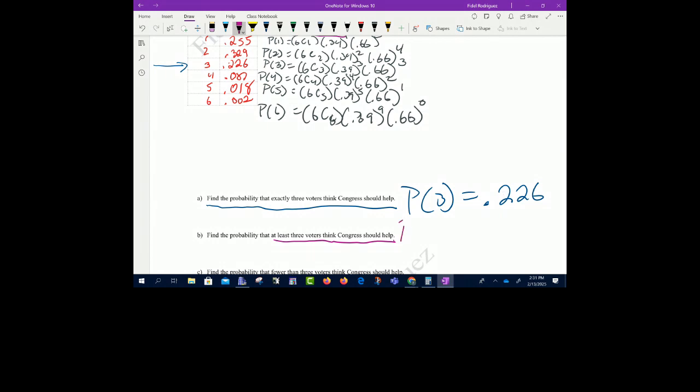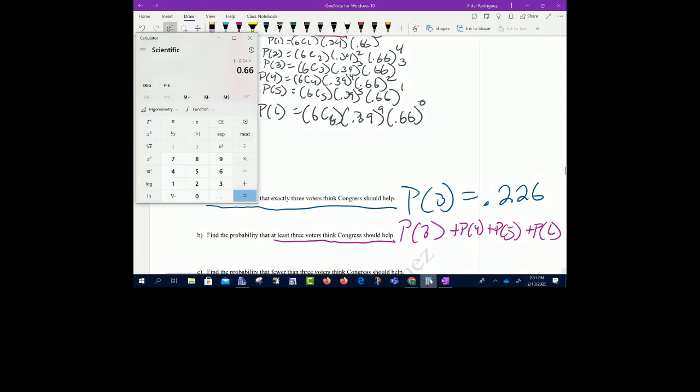So y'all, if we're going to do this, we're going to find the probability of 3, of 4. When would we stop, y'all? At what point would we have to stop? At 6, right? Because we only asked 6 people. Very good.